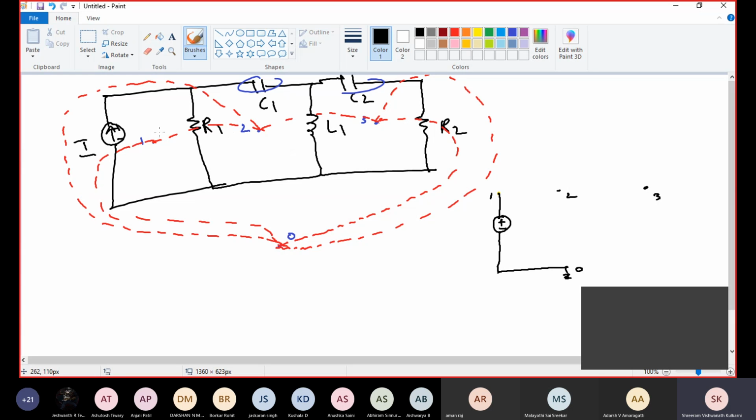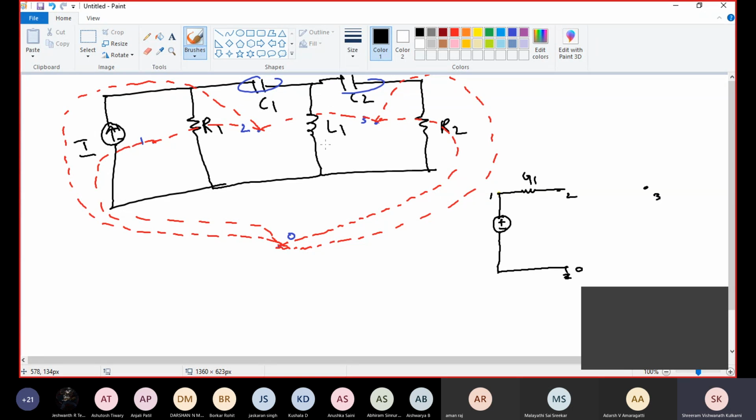Next, in between node 1 and node 2, resistance is there. We have to replace that one with conductance. R1 is replaced with G1. Again, in between node 2 and node 3, inductance is there, L1.